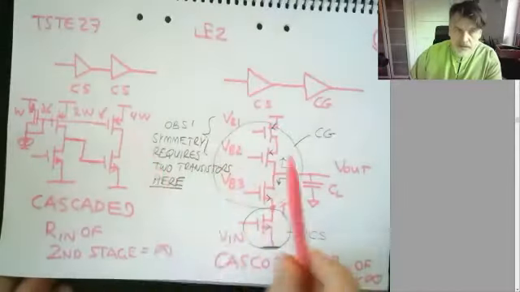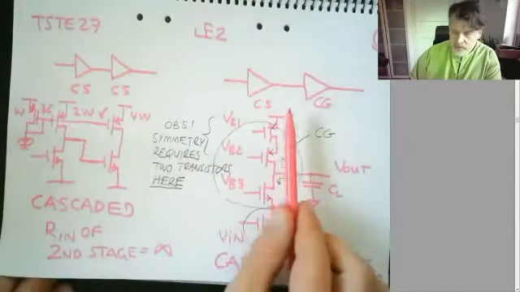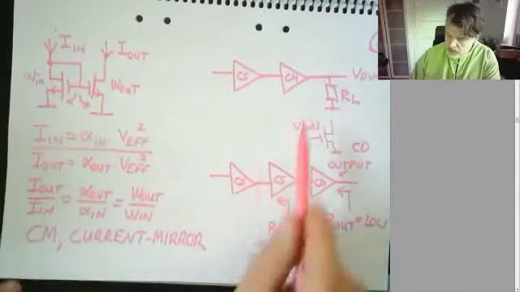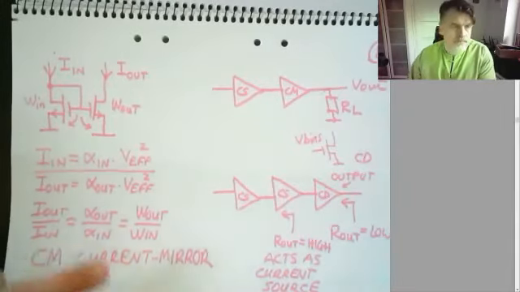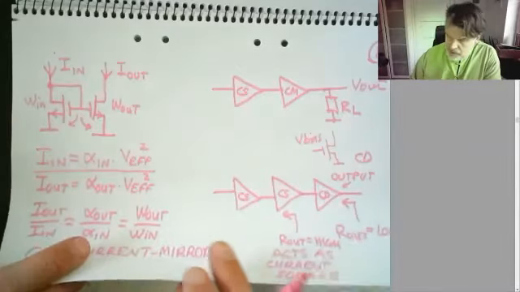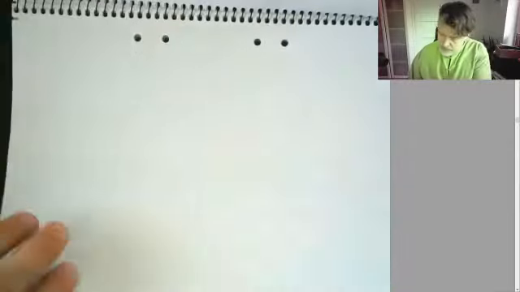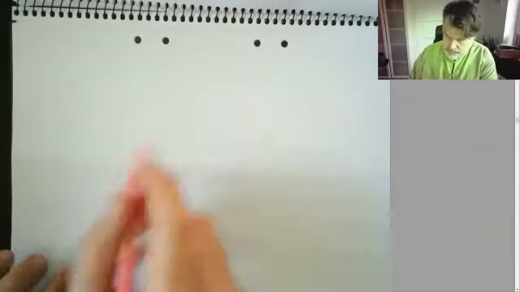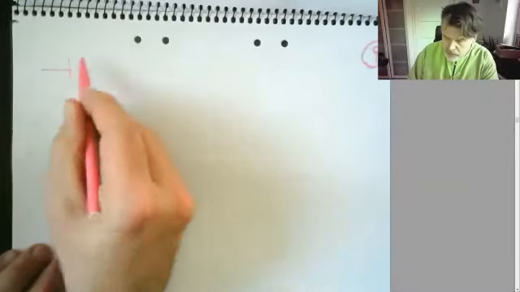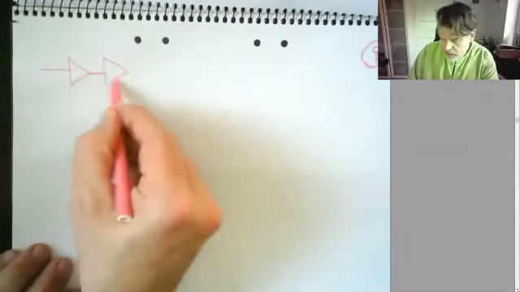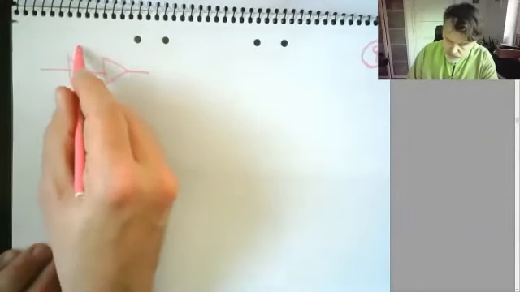Okay, so let's look at this. Common source is one option. Common source, common gate, common source, current mirror combination, for example. So let's try and see what we can conclude from these 3 cases. What could be positives and negatives of that? So number 9, let's assume we have the common source combined with the common source.